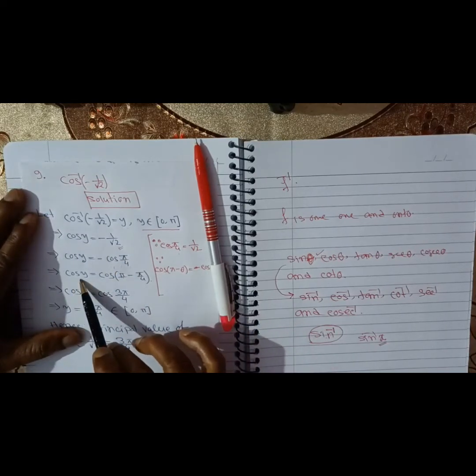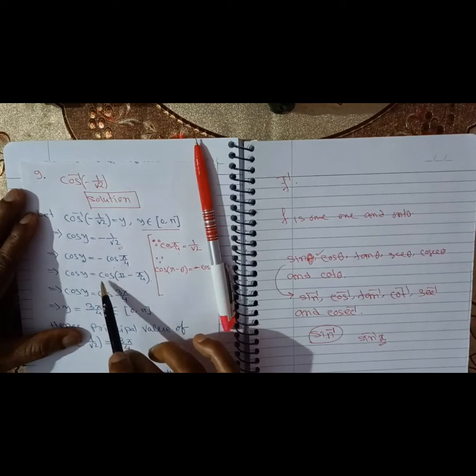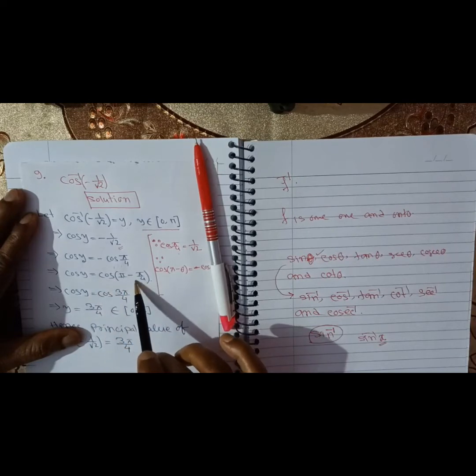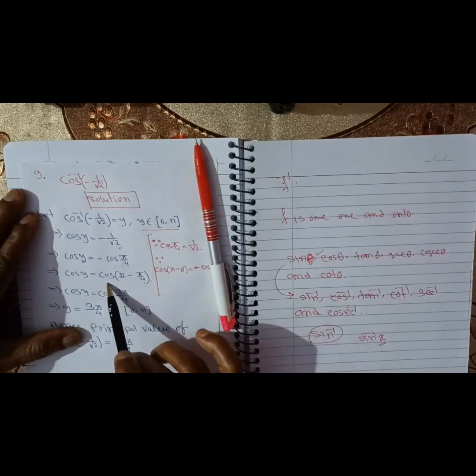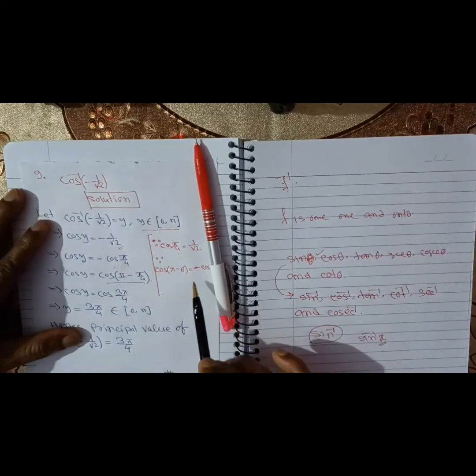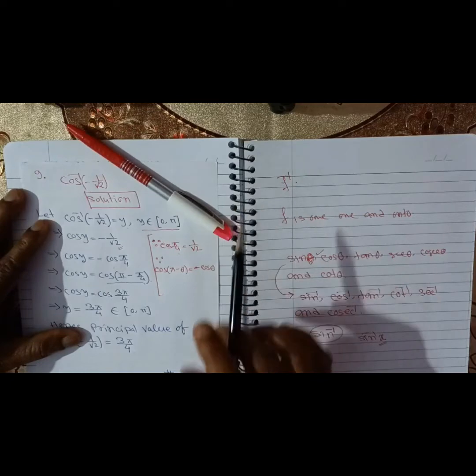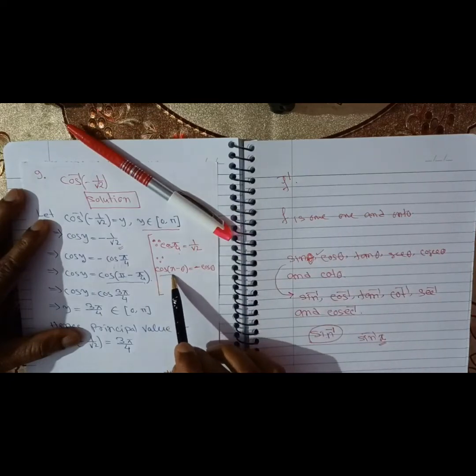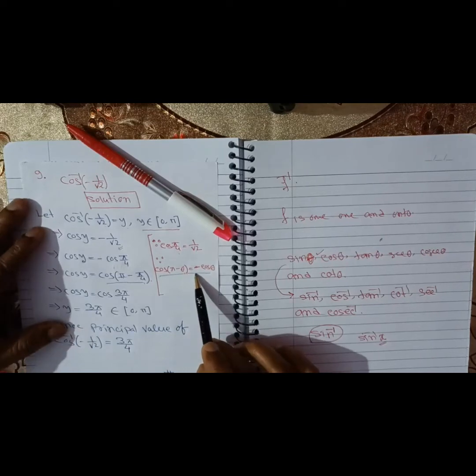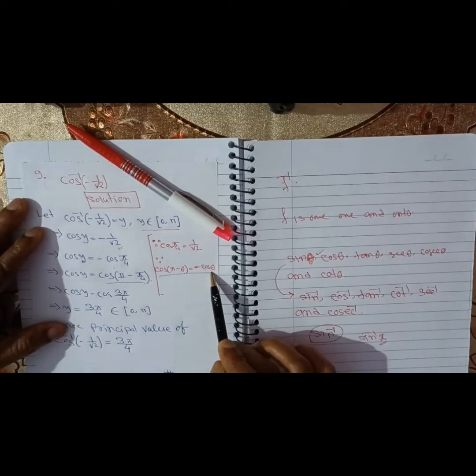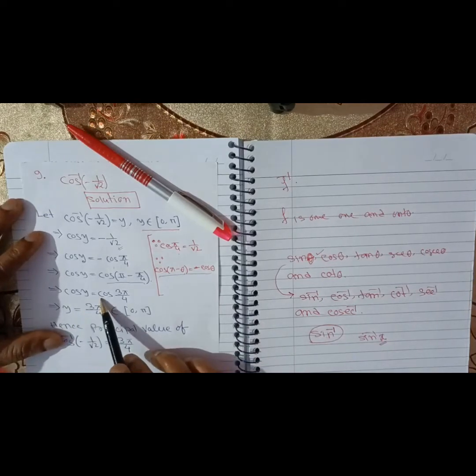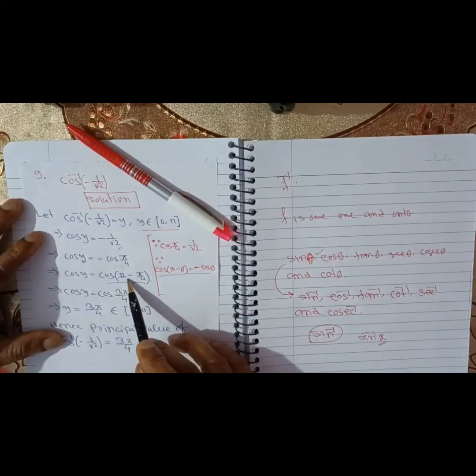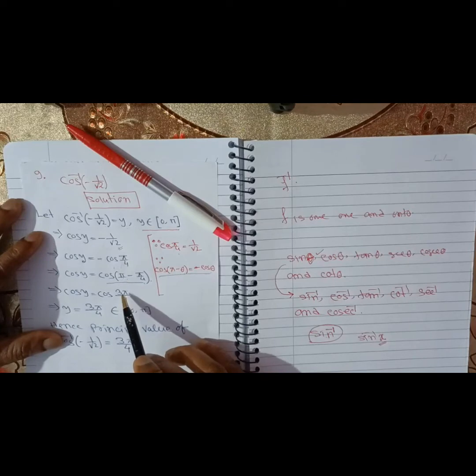This implies cos y equal to cos pi minus pi by 4. We remember this formula from class 11, that is cos pi minus theta is equal to minus cos theta.